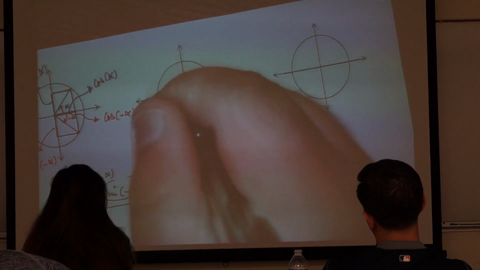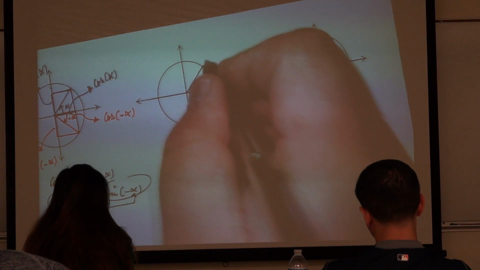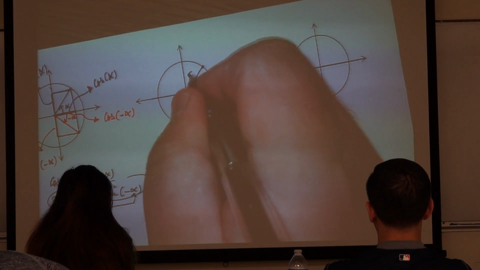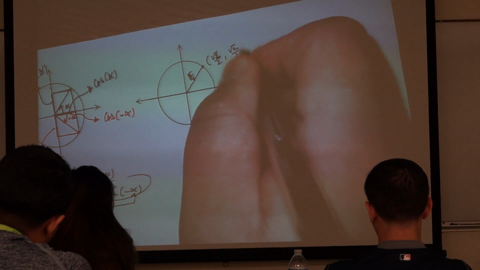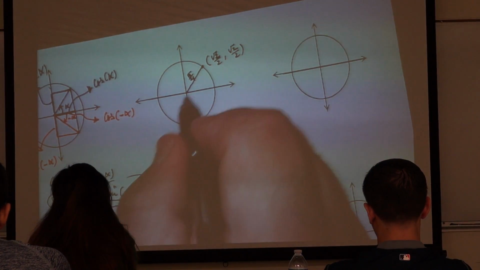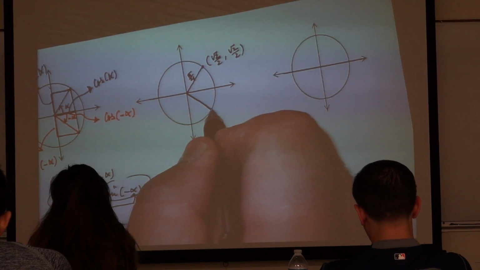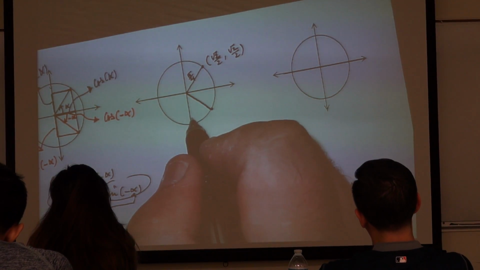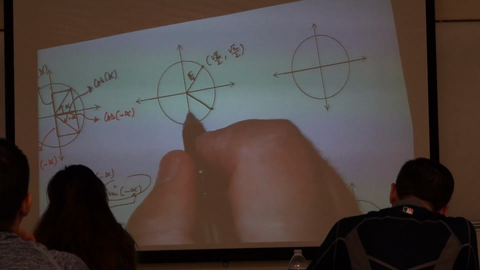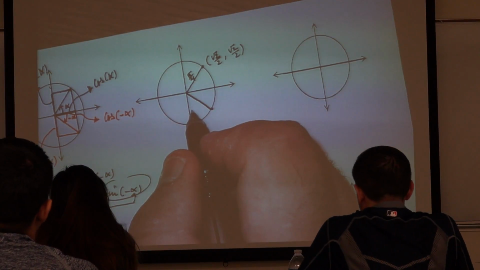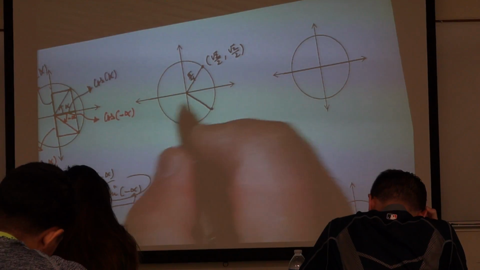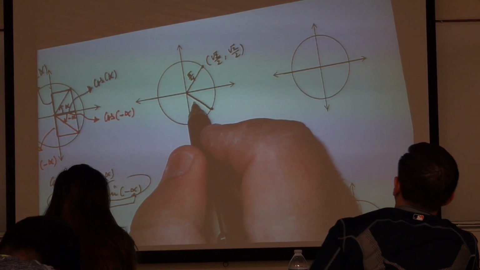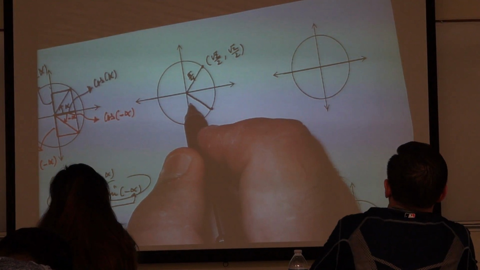For example, remember the cosine of pi over 4? That would be square root of 2 over 2. And if that was negative pi over 4, or what's another way of saying negative pi over 4? You can count in the negative, or if you count in the positive, that would be 7 pi over 4.